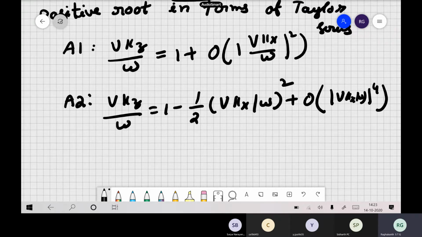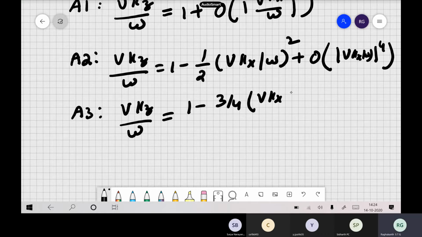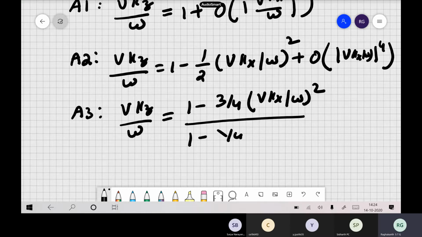So this is a term. Then you have another term. If you include the next term in the Taylor series, so 1 minus 3 by 4 v kx by omega whole square, 1 minus 1 by 4 v kx by omega square, plus.